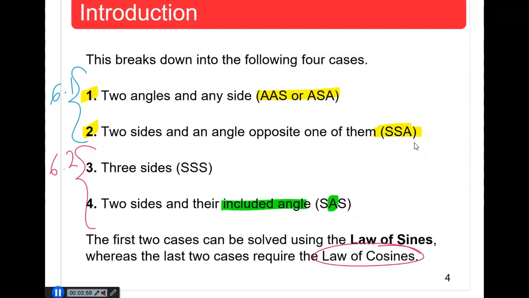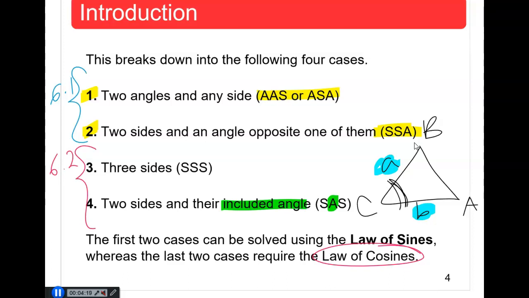So an example of that will be you are given a and b, and then the angle that you get is the one in between, which happens to be angle C. So that will be the included angle because it's in between. And also three sides. So that will be next section.